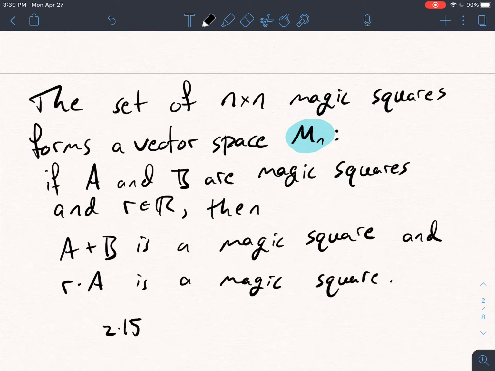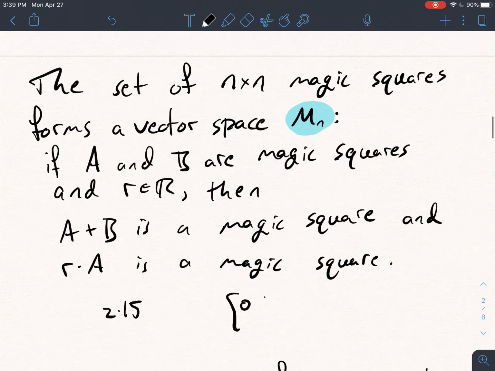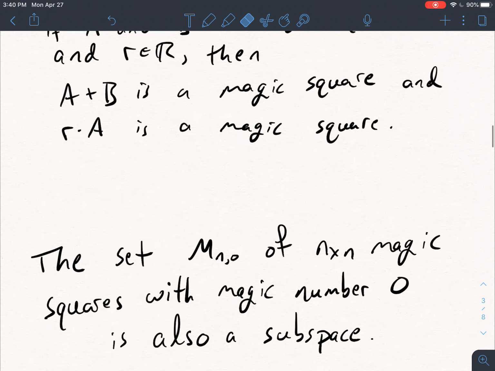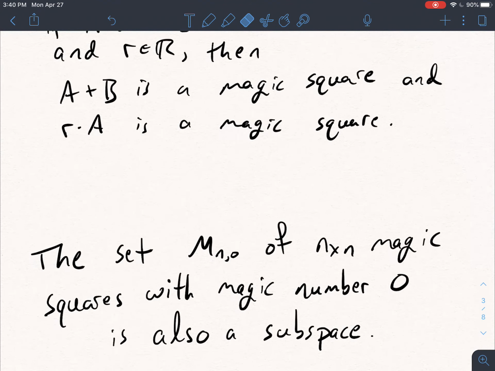In other words, we just did the subspace test for m sub n as a subspace of the vector space of n by n matrices. Also, we already know that this set is non-empty for any n because the magic square with all zeros is going to be in there. So this is a non-empty subspace of the vector space of n by n matrices.